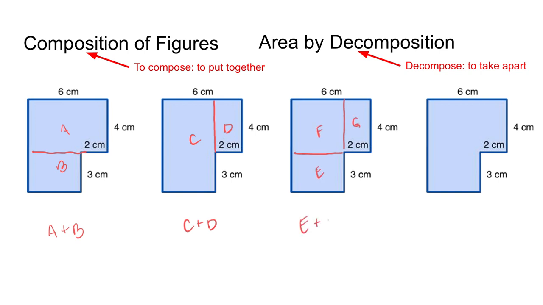Then we would add areas E, F, and G all together. And lastly, somebody else might take this larger area and subtract the area of the missing hole, which is right here. It's perfectly acceptable to often subtract a piece instead of adding the other pieces. In some cases, that's really going to be the only way to do it.